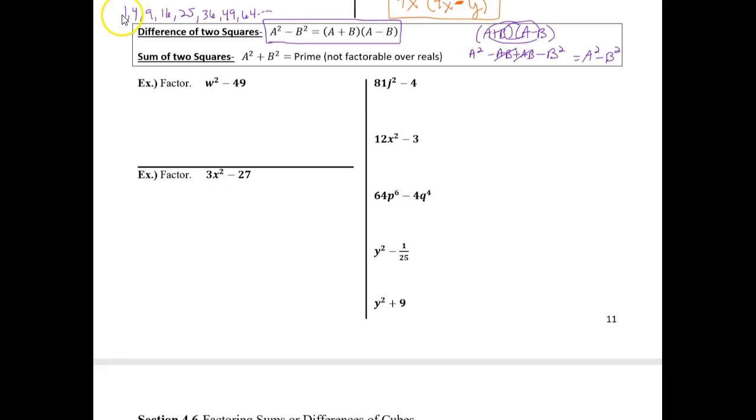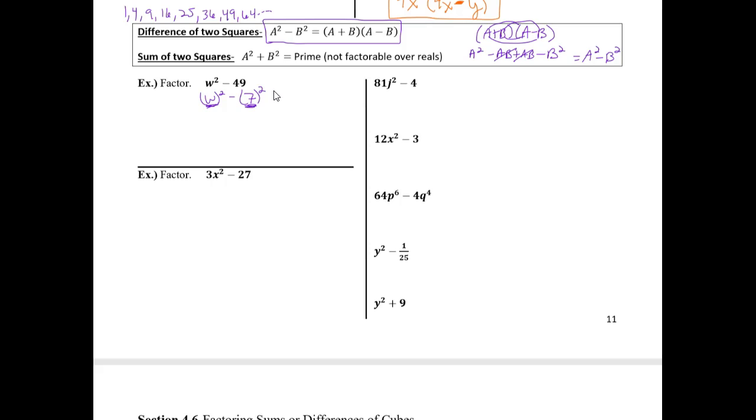You have to get comfortable recognizing these squares. Alright, so we're back to here. This is the same thing as W itself is being squared, right? And 7 is being squared. So W is our A and 7 is our B, because those are the terms that are being squared.